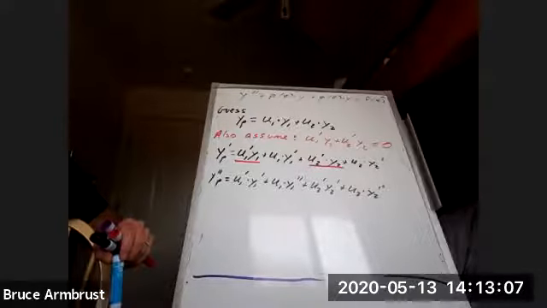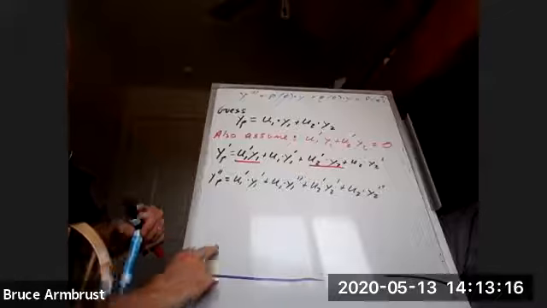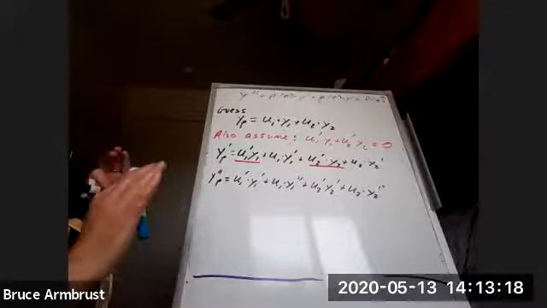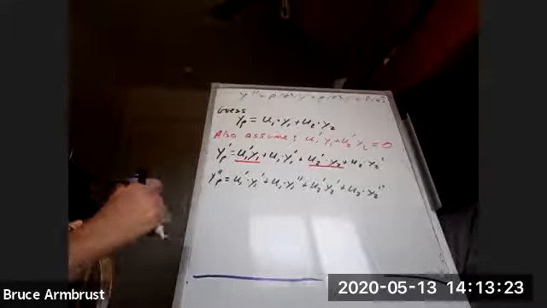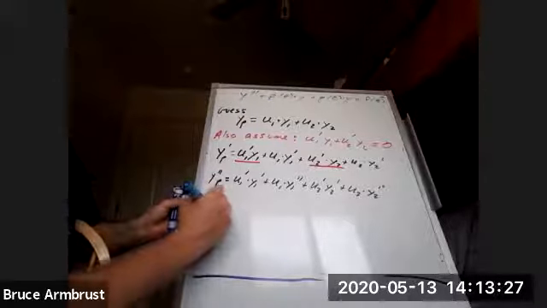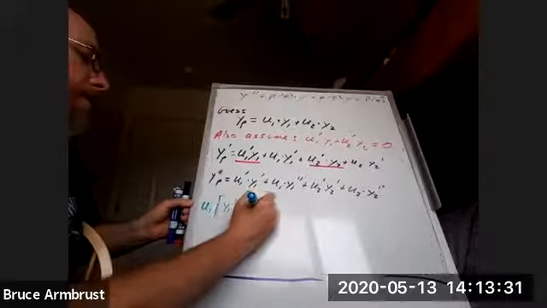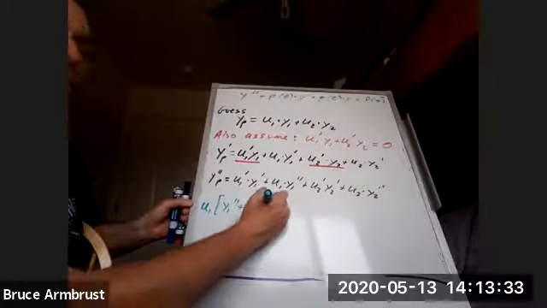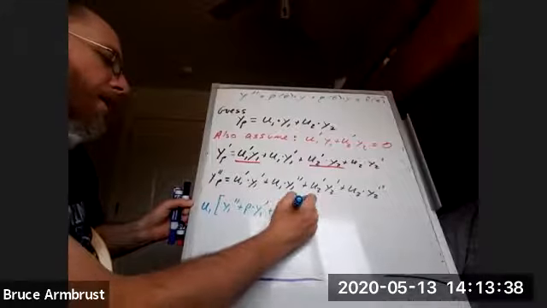So I'm going to do that. And I'm also going to separate them out algebraically. So if you just take my word for it, so I can spare us a little bit of the algebra writing time, we're going to get u1 times y1 double prime plus p times y1 prime plus q times y1.